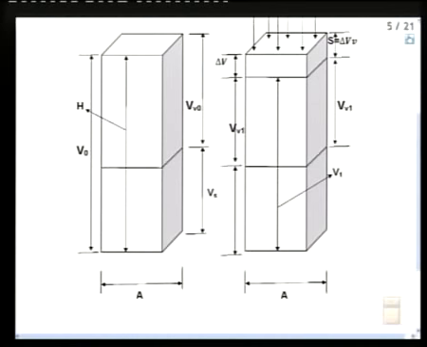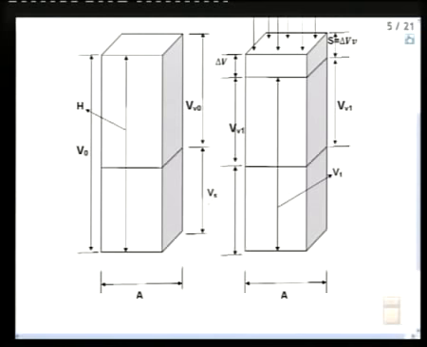Concentrate. If the cross-sectional area of this sample is A, then V naught is A multiplied by H. Then V naught equals Vs plus Vv. Vs doesn't change because it's fixed.